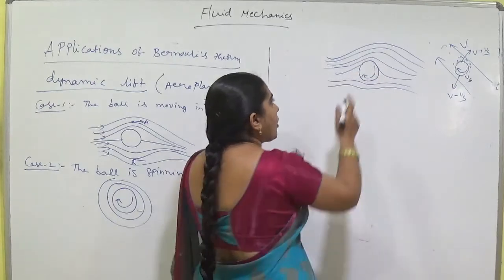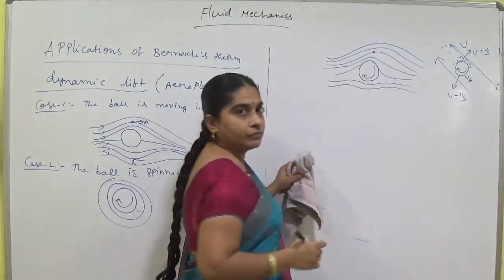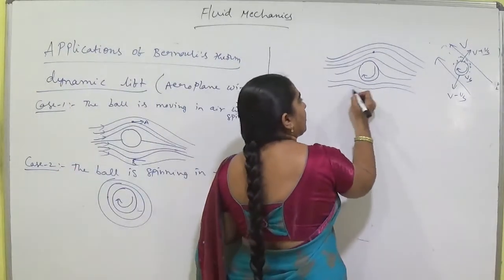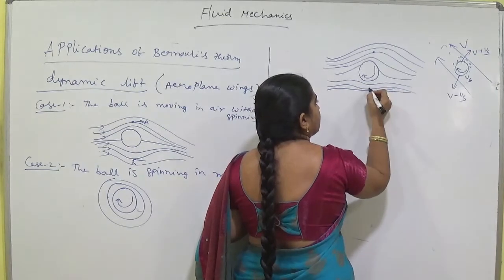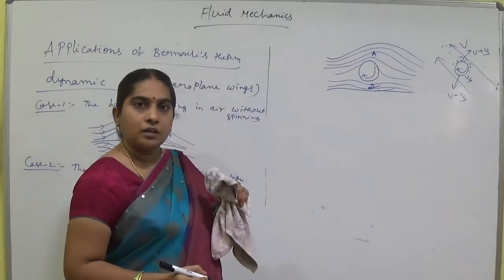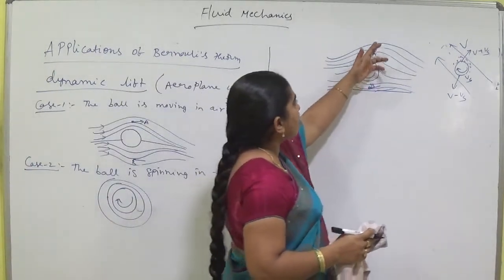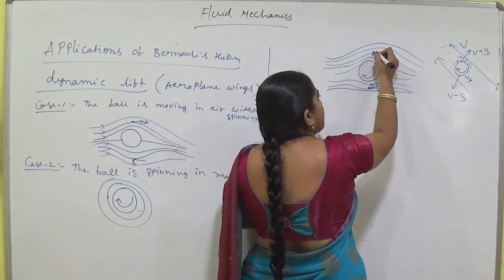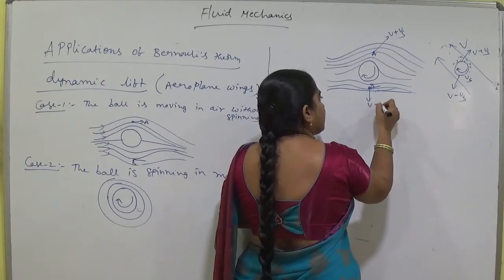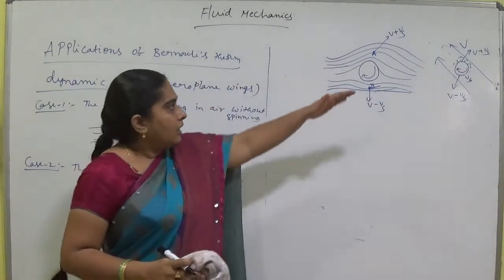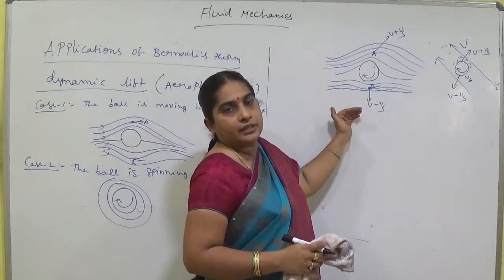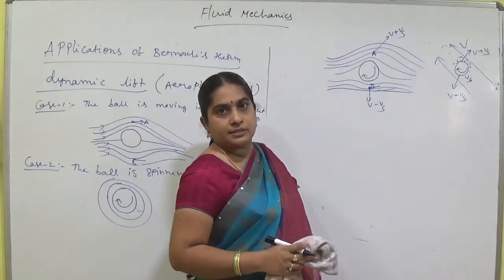At point A they are crowded, compared with point B. The velocity at A is greater, V plus Vs, and the velocity at B is V minus Vs. The upper portion of the ball has larger velocity than the lower surface.